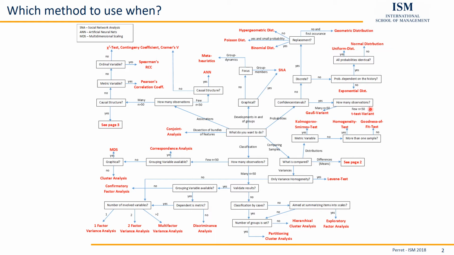In general, the t-distribution variant is not so bad if you just work with sample data. So whenever you have sample data, this would also be a decent enough approach independent of the number of observations. However, if you only have a few observations, you should go with the t-test variant. Okay, however, this works with few observations, but it's still a bit problematic because you need to have an arithmetic mean in this context as well.